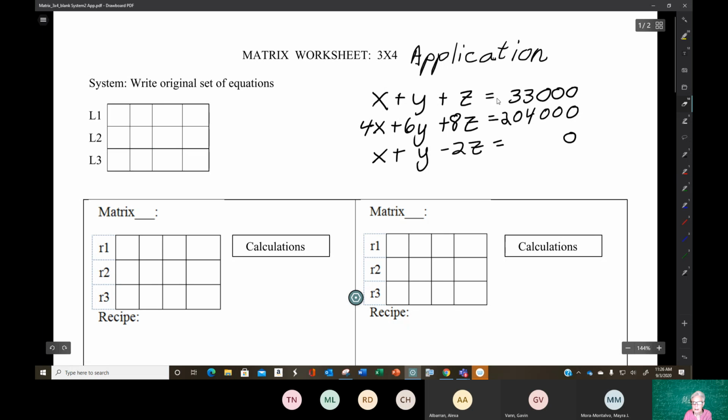Okay, this is 1x plus 1y plus 1z. So that's going to be in matrix 1, that'll be 1, 1, 1, 33,000.